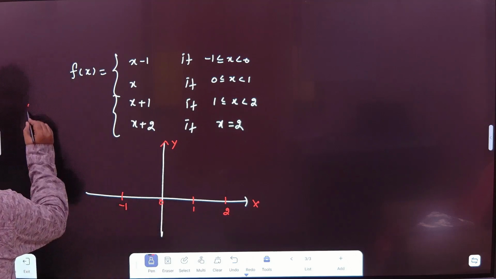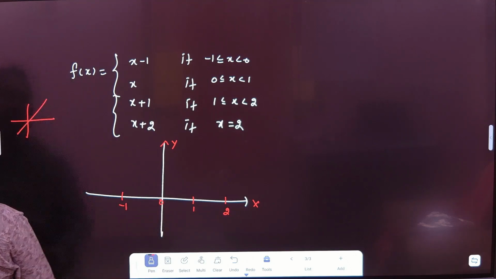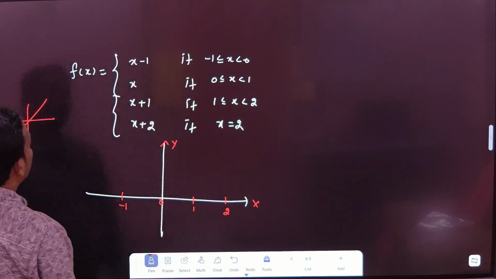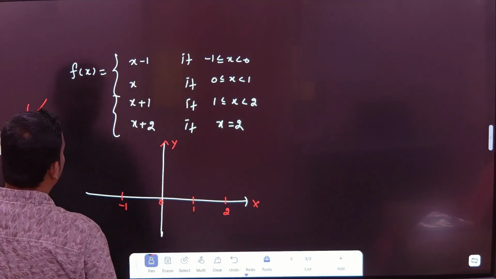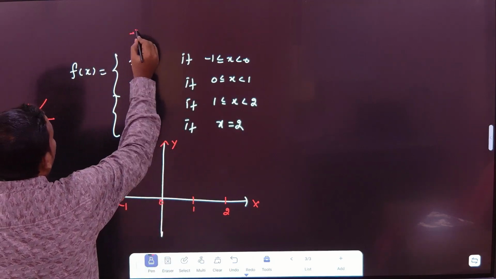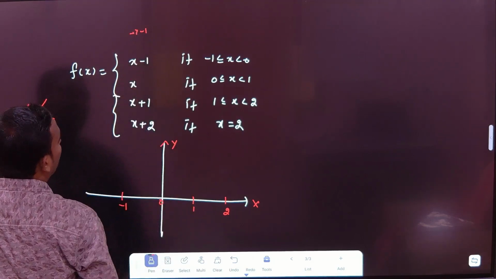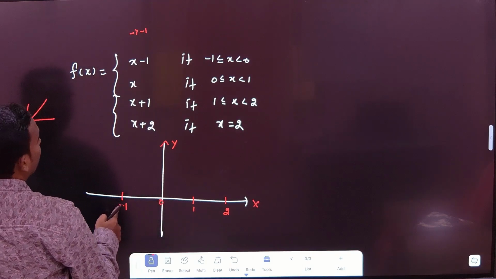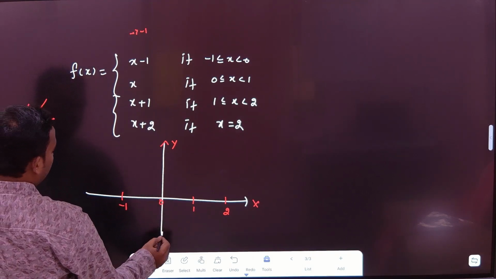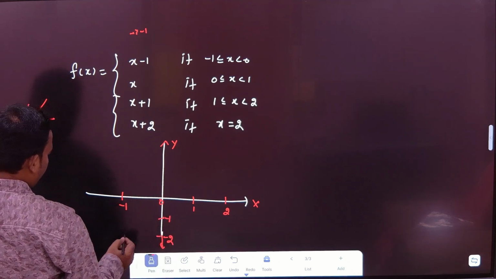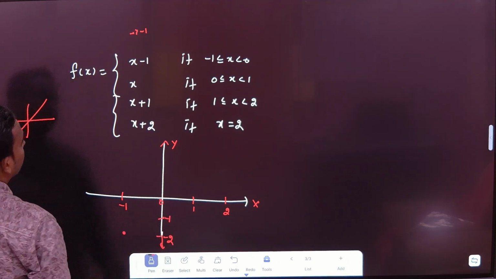You already know the y equals x graph passes through the origin with positive slope. You just shift it 1 unit down. If you take the minimum value minus 1, you get minus 1 minus 1, which is minus 2, so minus 2 is here.